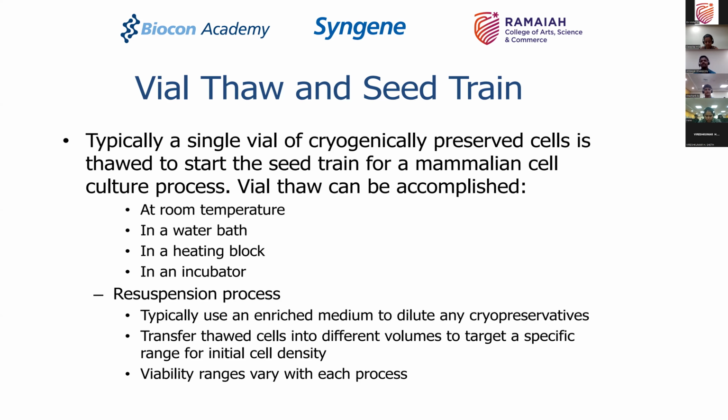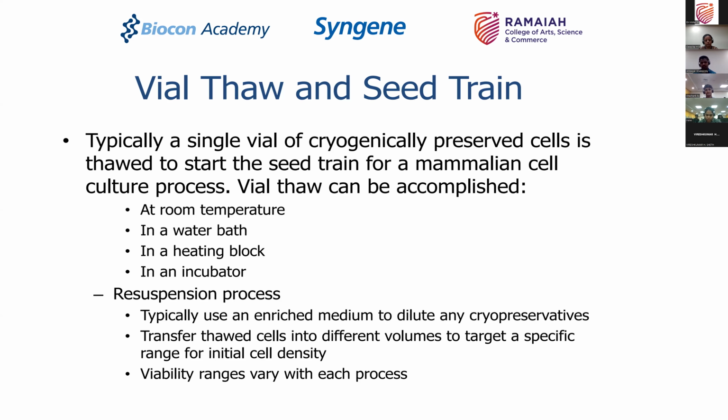Now, the resuspension process. You take an enriched medium, you give it a lot of growth media, to dilute any preservatives, because there would be some preservatives added for it to be frozen. So you take that into an enriched medium to dilute them out, and then resuspend the cells into that enriched medium.